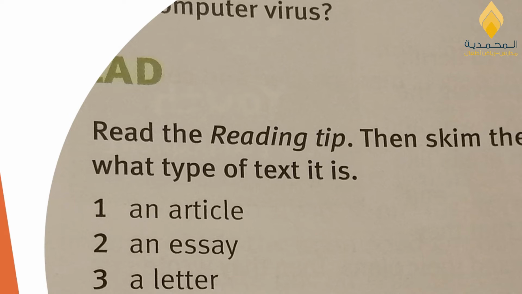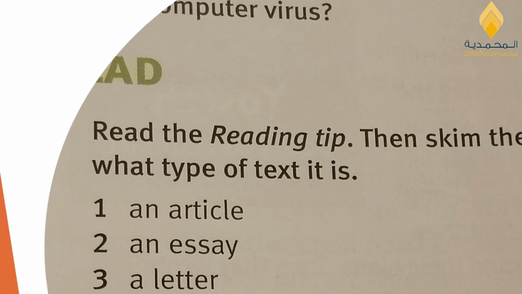What type of text is our text? Is it an article? Is it an essay or a letter? An article is written to inform us about something. You can usually find them in newspapers or magazines. An essay is a response to a certain question.